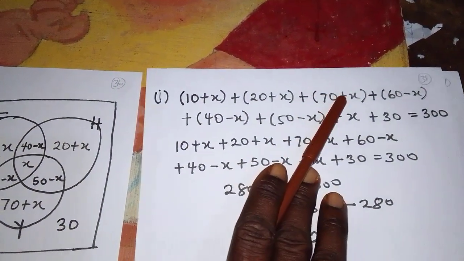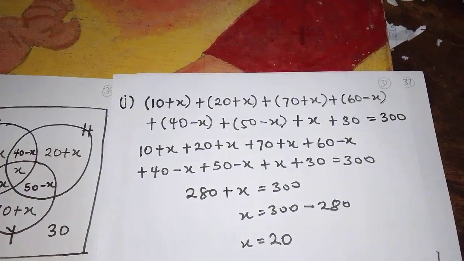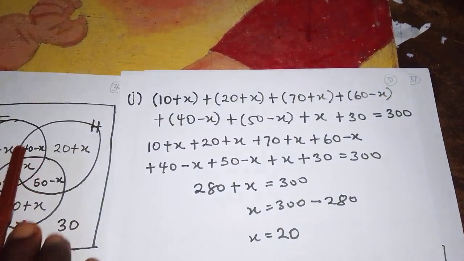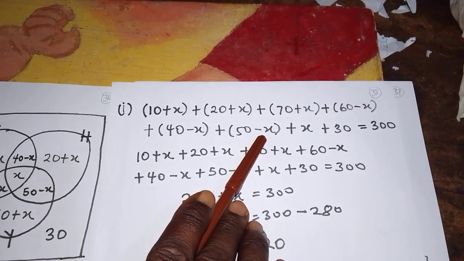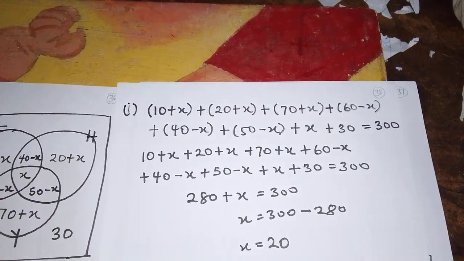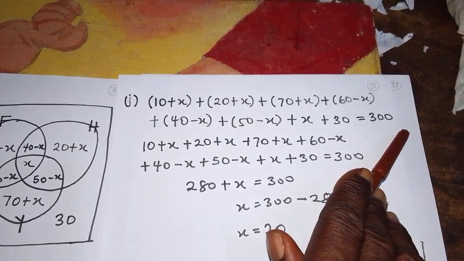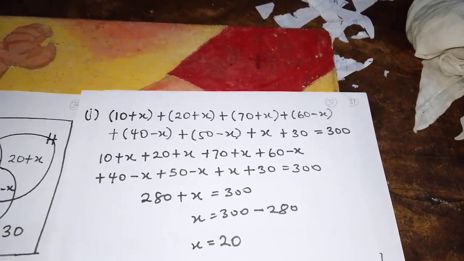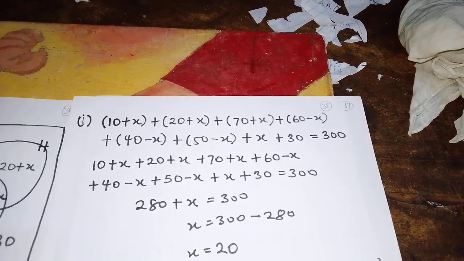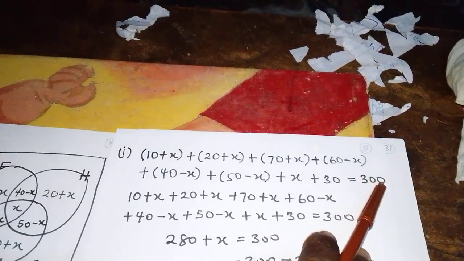Then add those that offered 2 subjects, that is 60 minus x, 40 minus x, 50 minus x, and those that didn't offer any of the 3, plus 30, is equal to the number of students in the universal set, which should be equal to 300.